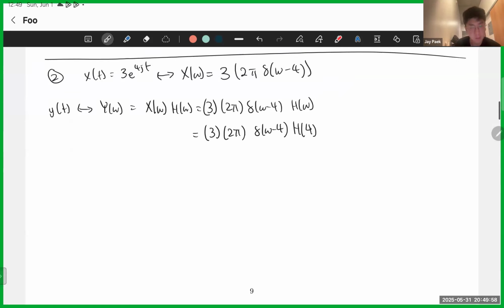And crazy enough, let's take the inverse Fourier transform. This is a constant. And so what you have is 3 h of 4 as constants. And then you have the inverse Fourier transform of 2 pi delta, the same exact thing. Sorry, this is just a rearrangement.